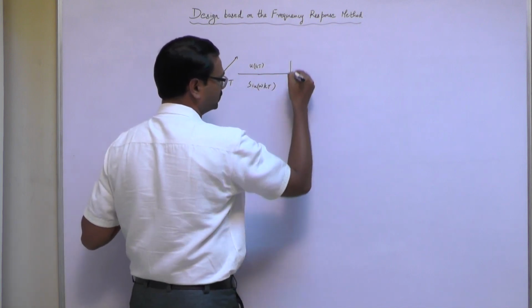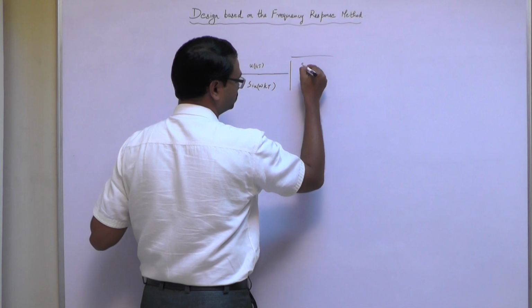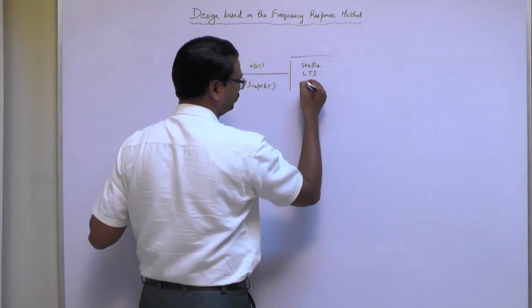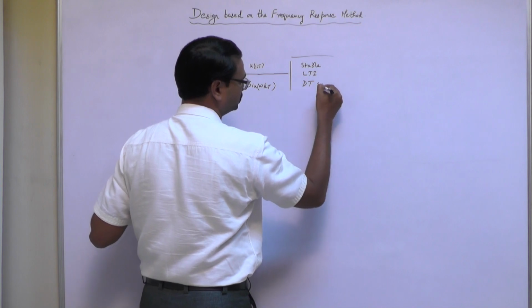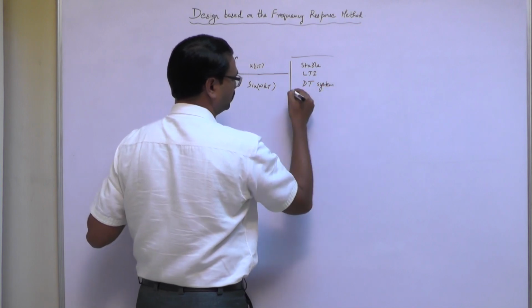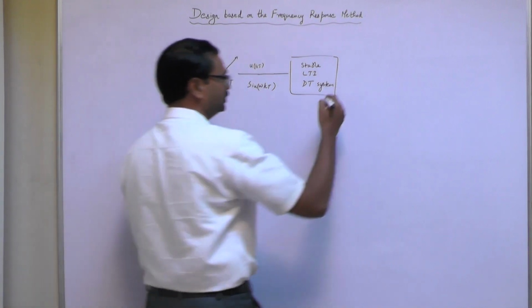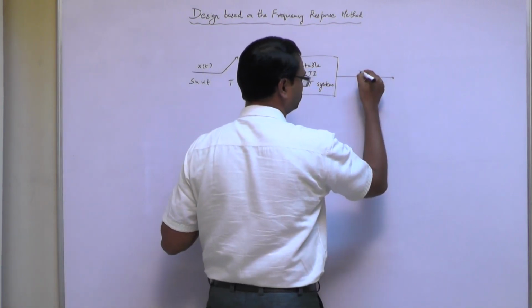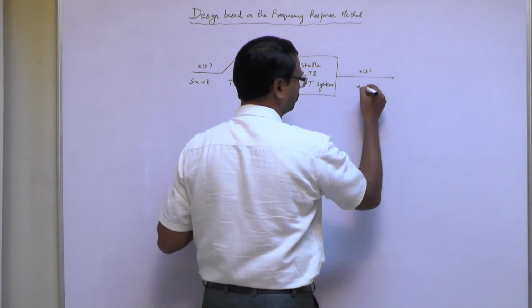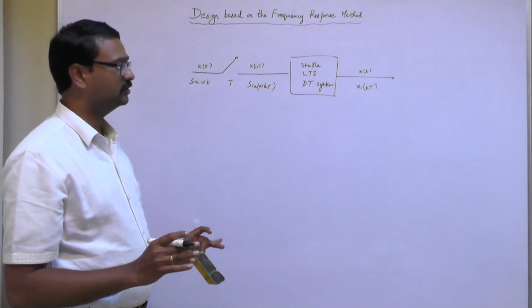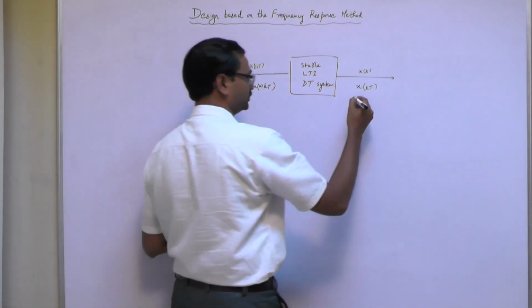Okay. When this signal is applied to a stable linear time invariant discrete time system, we are going to get the output as x of t, or you can also call it x of kT. In fact, we are bound to find out the steady state value of this x of kT.